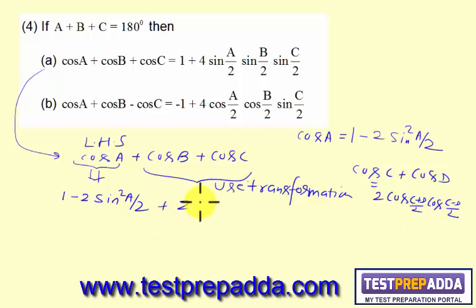So here you can write 2 cos B plus C by 2 into cos B minus C by 2. Now cos B plus C by 2.